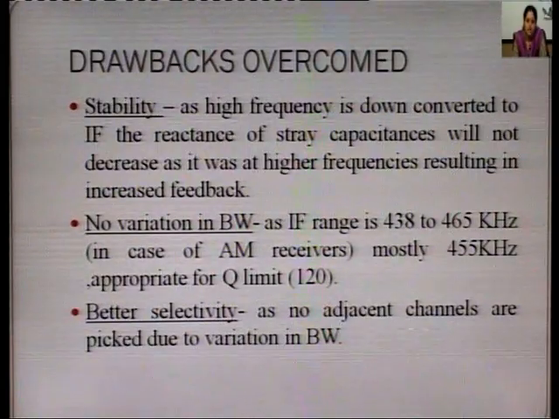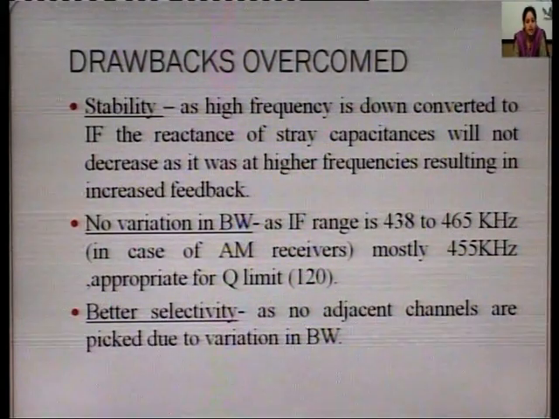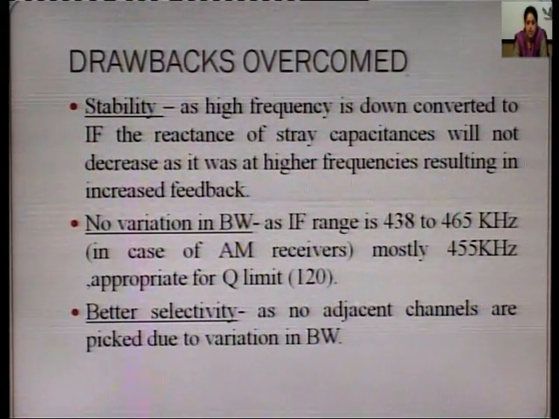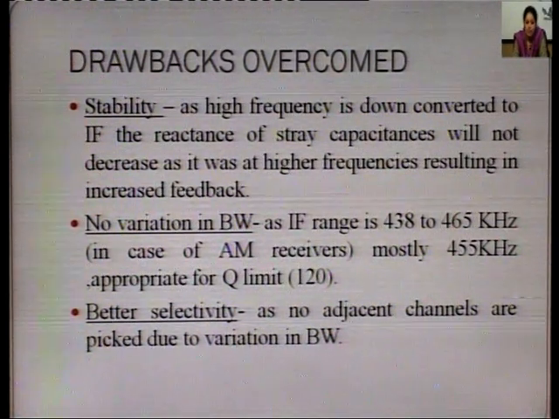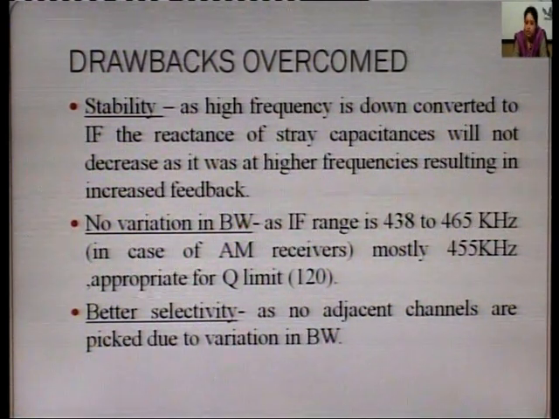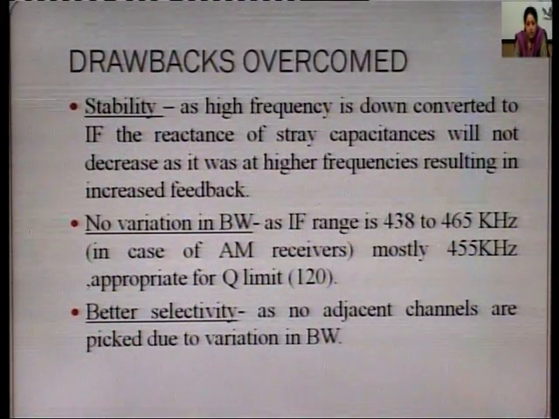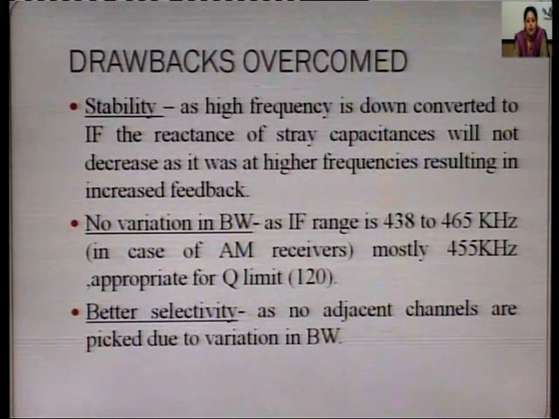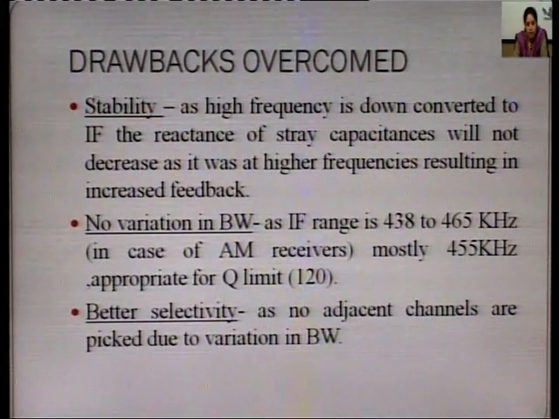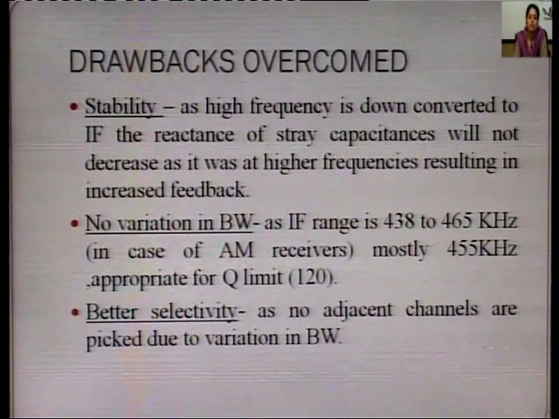Second, there is no variation in bandwidth, as the intermediate frequency ranges from 438 to 465 kilohertz in AM receivers, and the most commonly used IF value is 455 kilohertz. That will be appropriate for your Q limit, that is 120. And better selectivity is there, as no adjacent channels are picked due to variation in bandwidth.